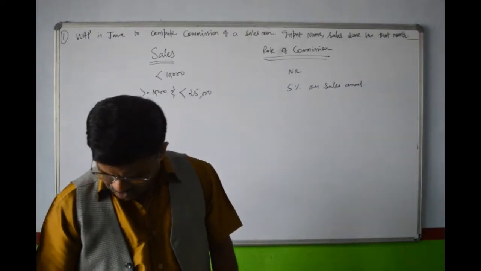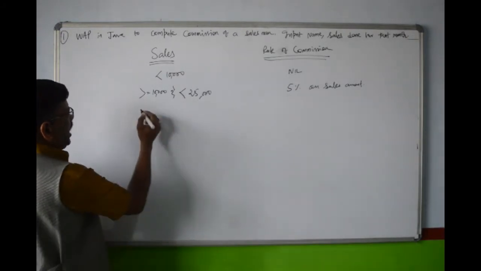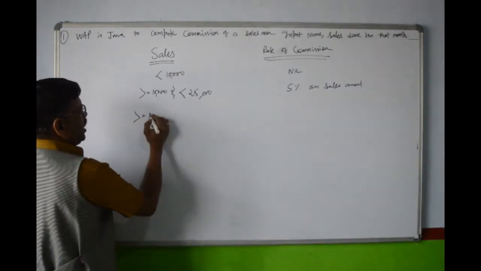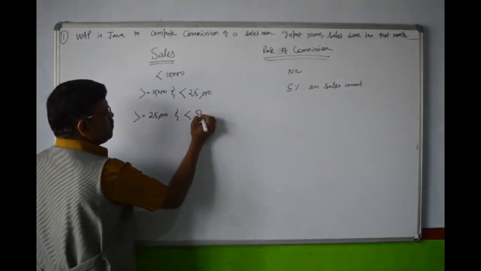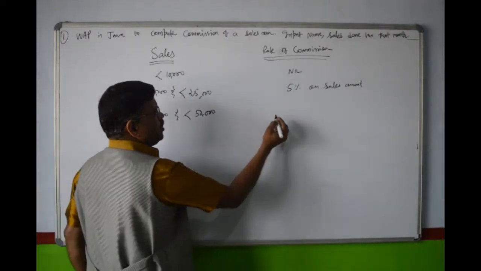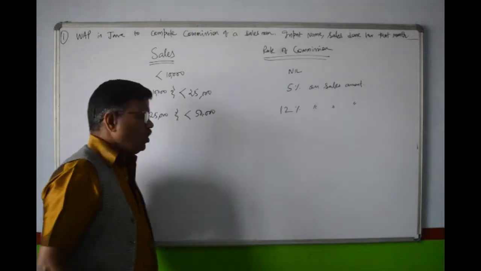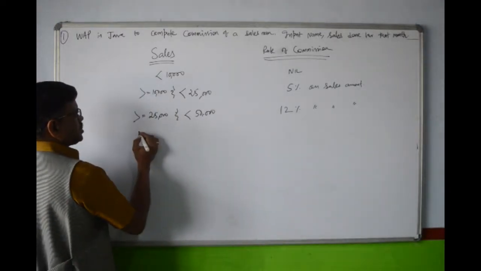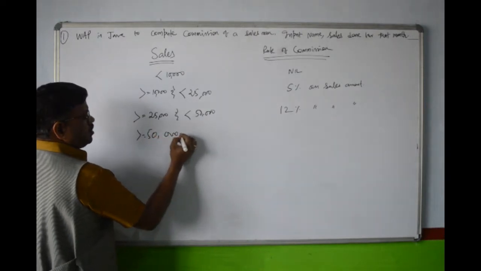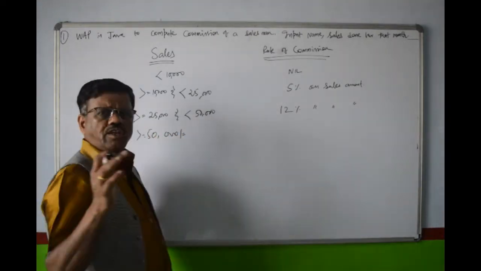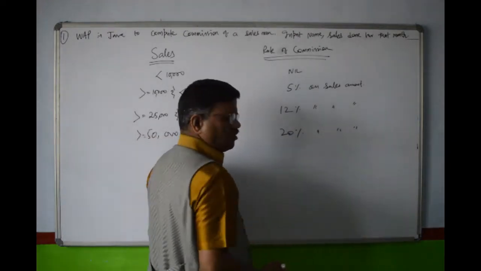If you have 25,000 or more and less than 50,000, you have 12% on the sales amount. If you do more than 50,000 sales, you will be given a flat 20%.